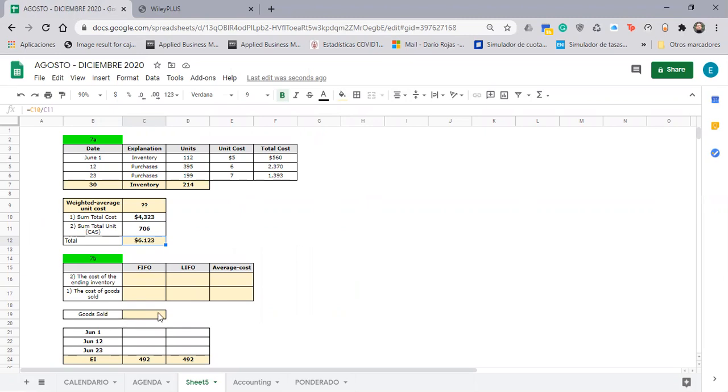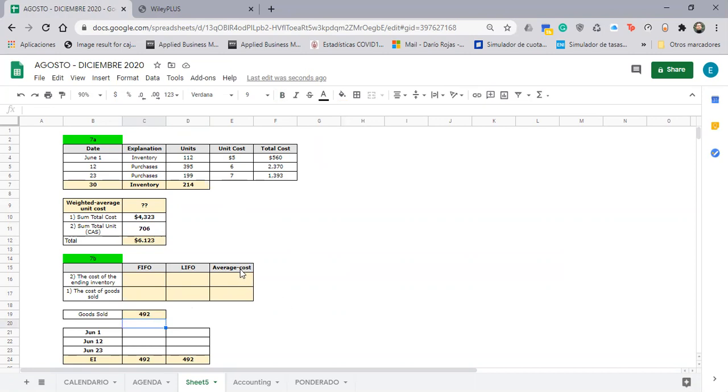So we need to subtract from the total units available to sell, 706 minus the ending inventory 214. So we have the amount of 492 goods sold.